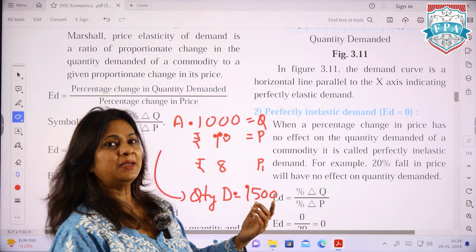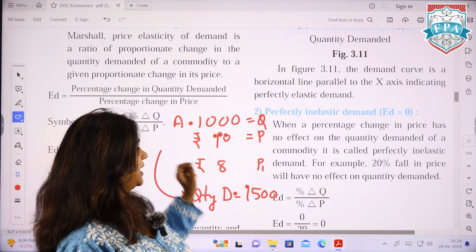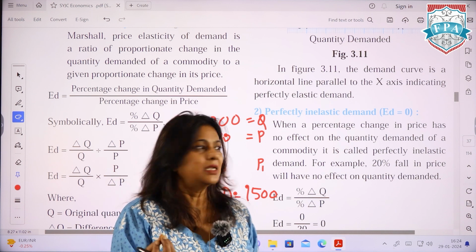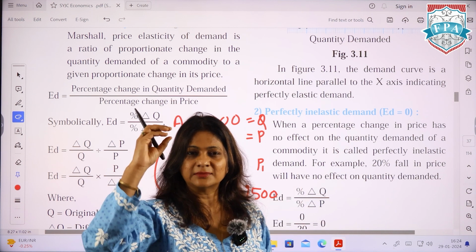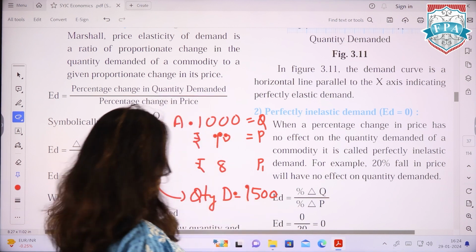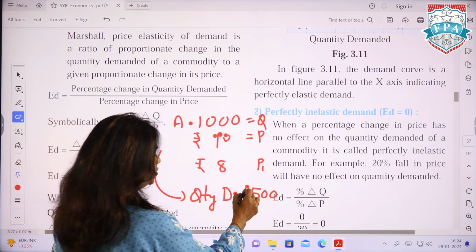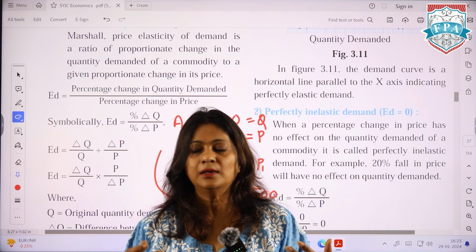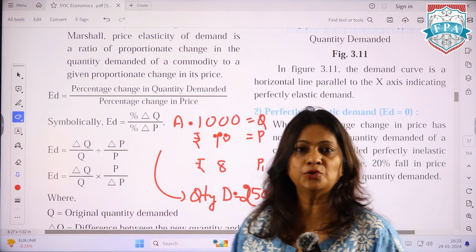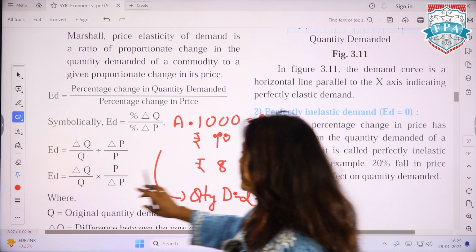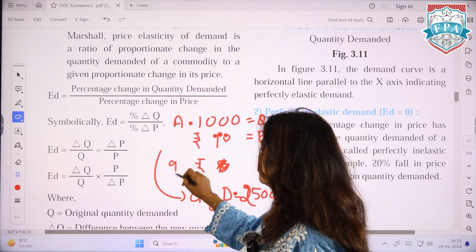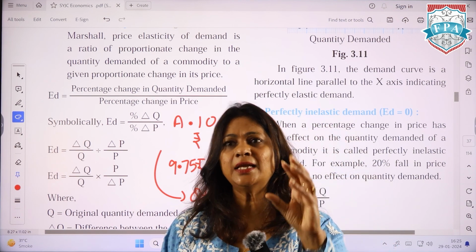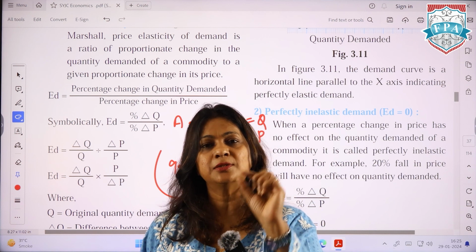Now suppose the price from 10 has become 9.75, a change of 0.25, which is a very, very small change. But the demand goes up to 2500. Now look at it: from 1000 units it goes up to 2500, though the price has not gone to 8, it has just changed to 9.75. 0.25 divided by 10 rupees is 2.5%.